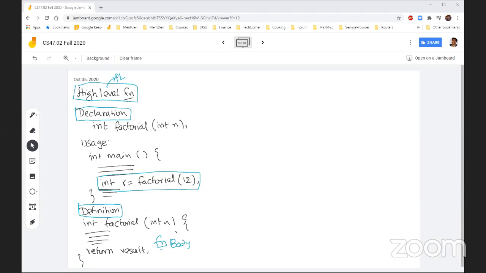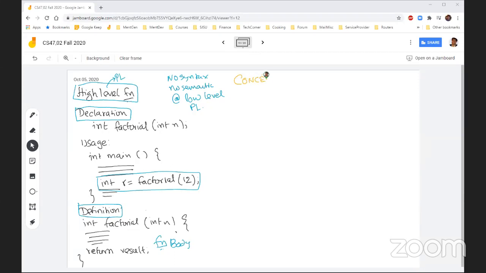However, at the assembly level, or low-level programming, there is neither syntax nor semantics. So no syntax, no semantics at the low-level programming language. All we have is the concept.